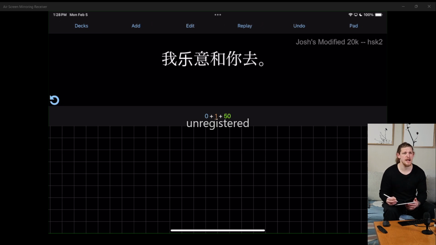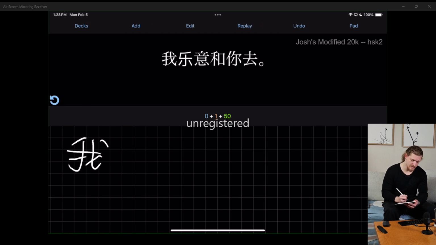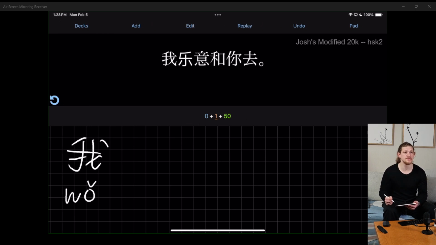So here we have, okay, the first character here is wo. So there's a stroke order. This is wo, and that is written in pinyin as W-O with that third tone over the top. And we have le.